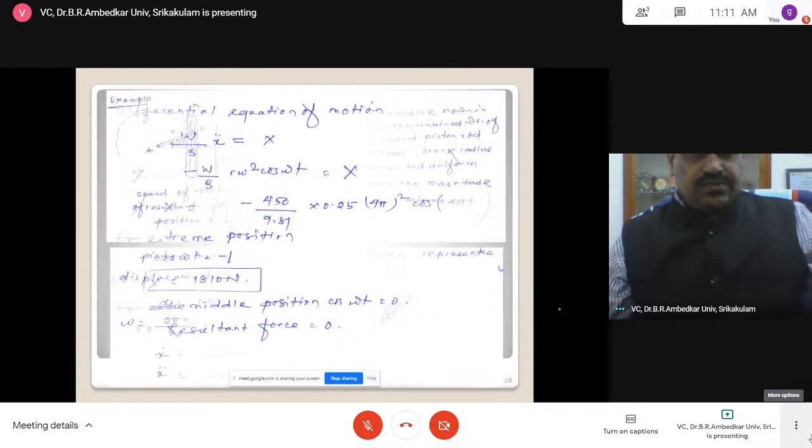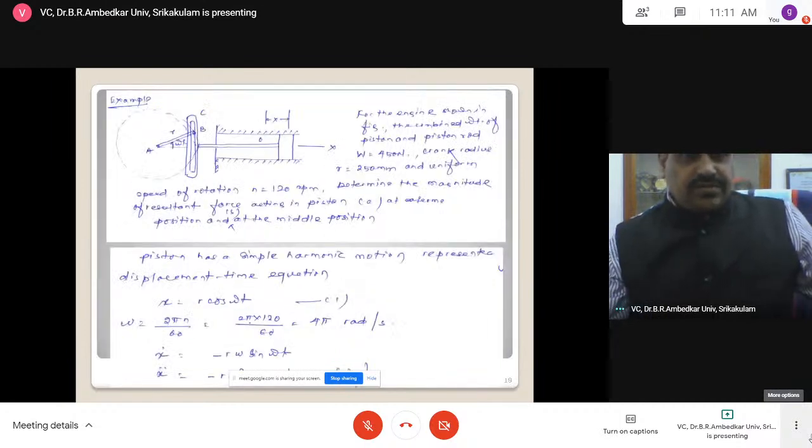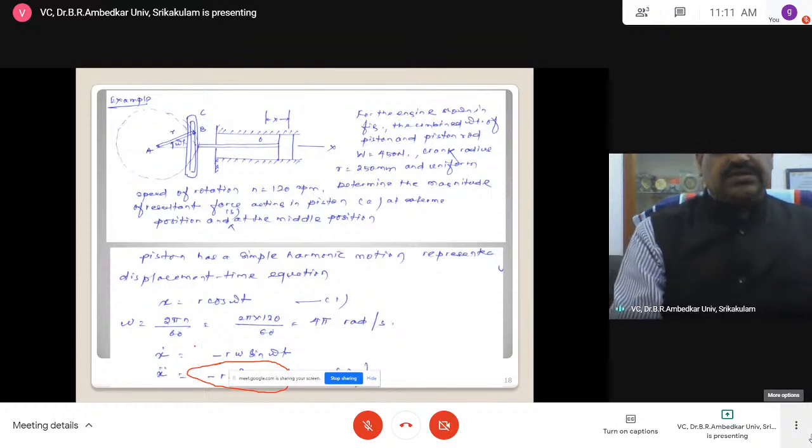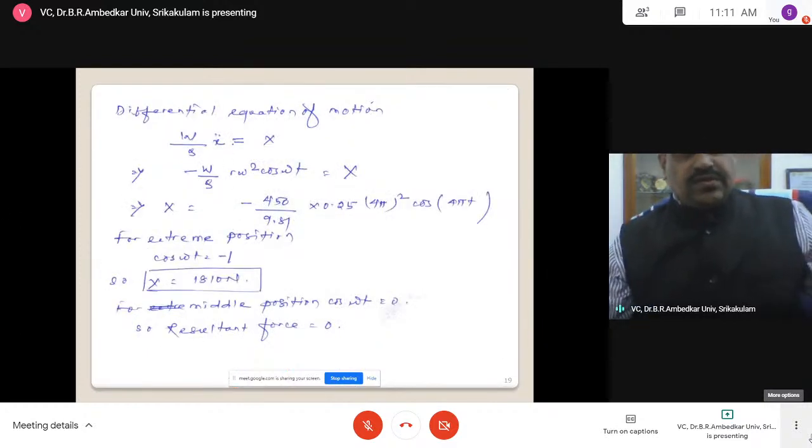Now, if I draw the free body diagram, this is the acceleration. Okay, the maximum acceleration is found when cos omega t is 1, that is minus r omega square. That is the maximum acceleration. Now we can use an equation. The standard equation is this, and these should be in the same direction. But in our case, this acceleration we got is negative of this value into x.